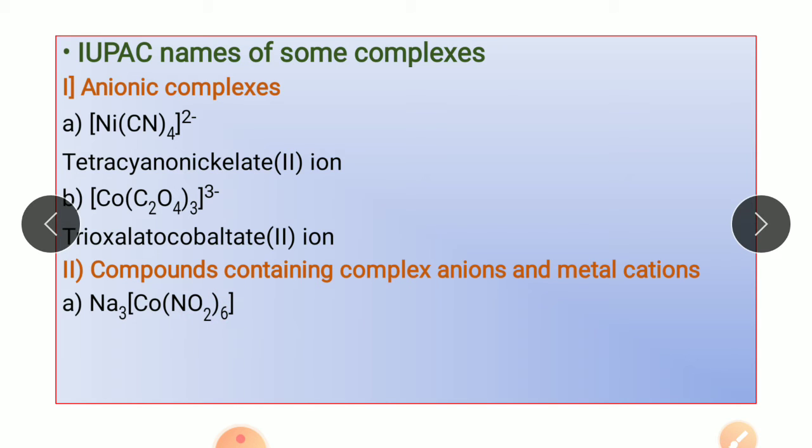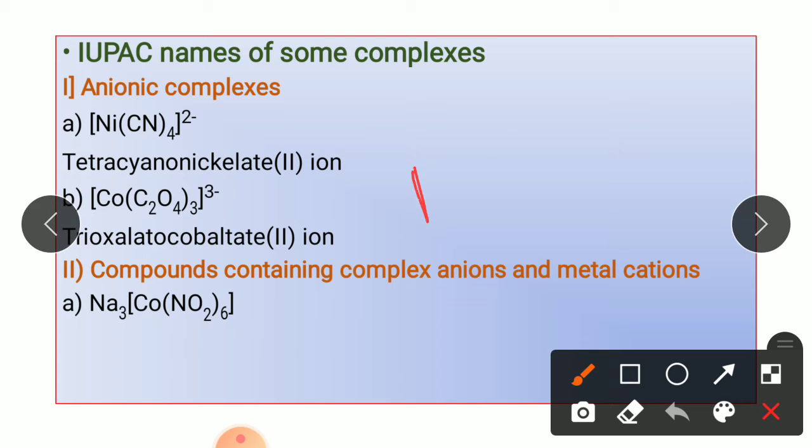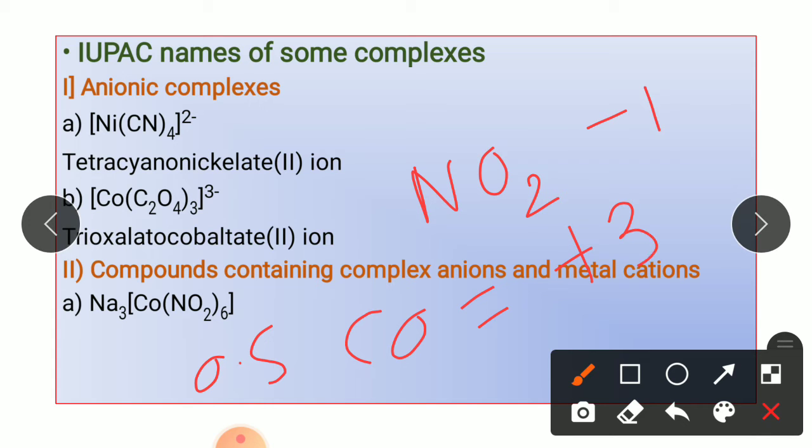Nitrite, NO2, is carrying a -1 charge, so the oxidation state of cobalt in this complex is +3. This is an anionic complex, so the name of the cobalt will change to cobaltate.